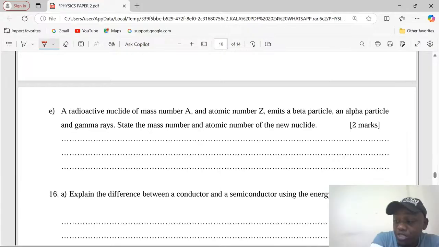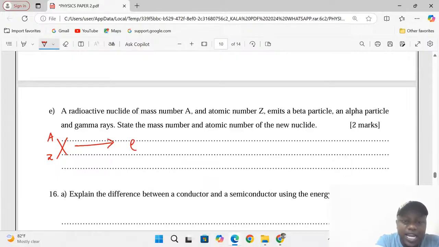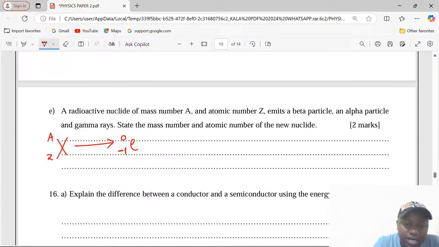Let's say the substance was X. So it has mass number A and atomic number Z. Then it's going to lose what? It emits a beta particle. A beta particle is an electron, whereby the mass number is 0 and the atomic number is -1.